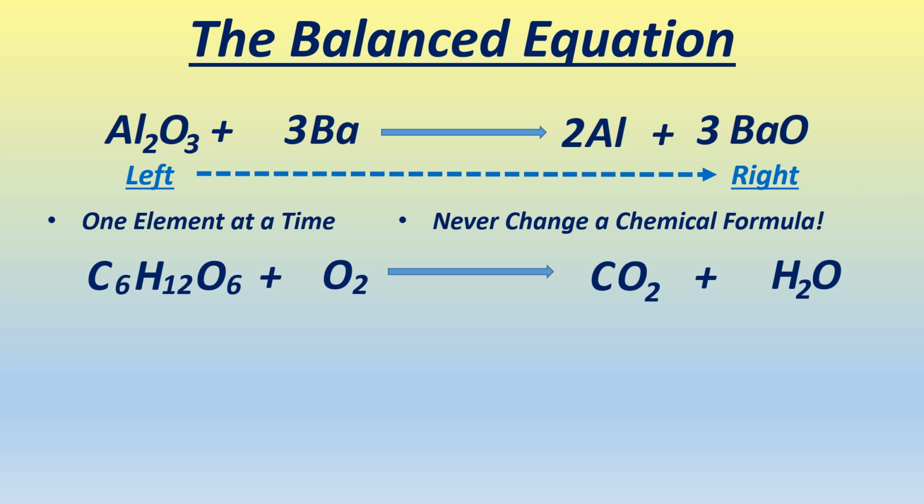Once again, going from left to right, I have 6 carbons on the left, which means on the right, I'm going to need 6 CO2s. On the left, there are 12 hydrogens, which means to get 12 hydrogens on the right with water, I would need 6 moles of water.